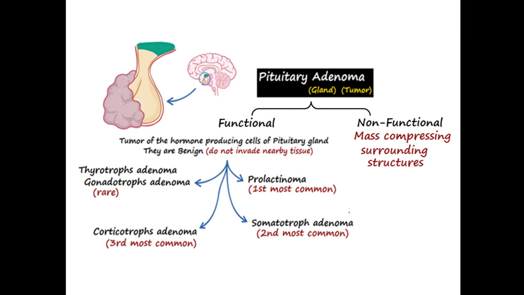Corticotroph adenoma, which secretes adrenocorticotropic hormone and stimulates the adrenal gland to cause excess secretion of cortisol, is the third most common adenoma of the pituitary gland. Adenomas arising in the thyrotroph or gonadotroph cells will cause excess secretion of thyroid hormone, or hyperthyroidism, and abnormalities in the sex organs and sex characteristics. These tumors are comparatively rare.